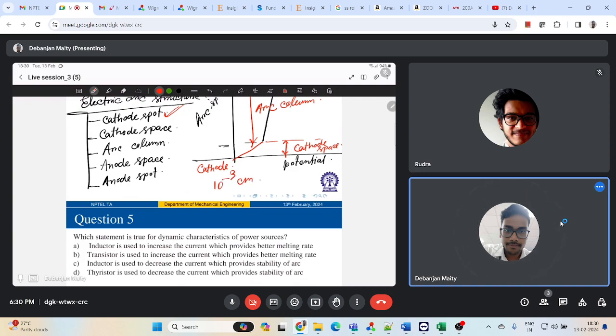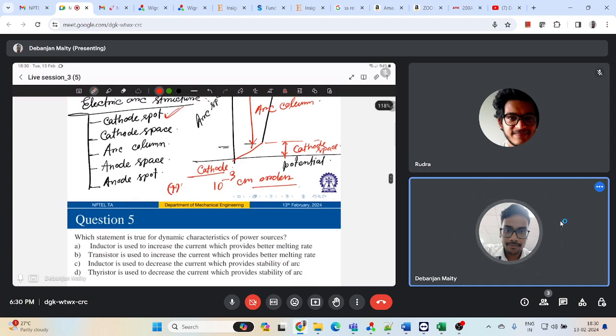So the thickness of this cathode space will be of this order, and this region has a positive space charge, right? And so a voltage drop is necessary as the electrons are to be pulled across this region. You have to have some drop in voltage because this is a positive space charge.